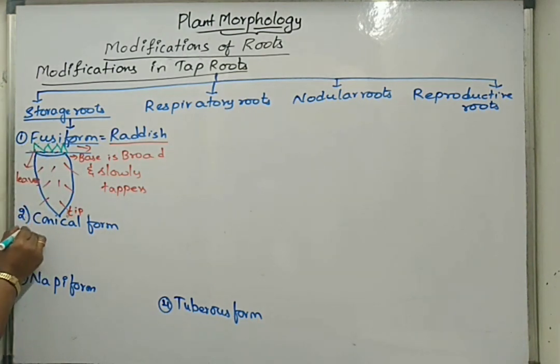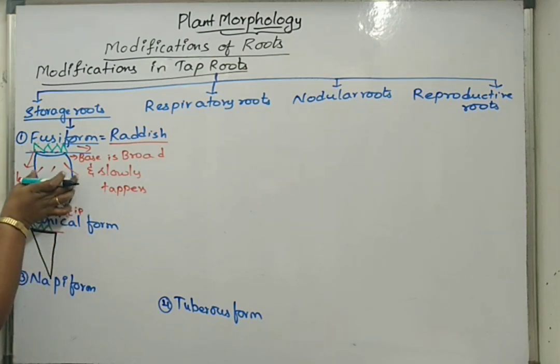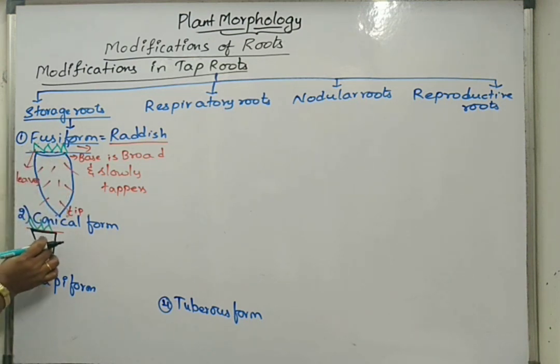Next one, conical form. If this is the earth layer and here will be the leaves like this, the area of the root that is touching the earth surface is initially broad like this, but it tapers as a cone. Then here we are seeing some swelling, a little bit of swelling in this root, but in some types of roots there is no swelling from the broad end.